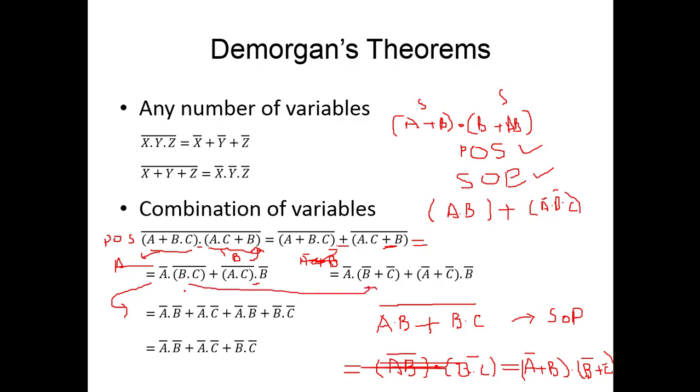Similarly, (a and c) whole complement becomes a complement or c complement. Now you can multiply the individual terms and obtain something like this: a complement and b complement, a complement and c complement with or operation, or a complement b complement, or b complement c complement.